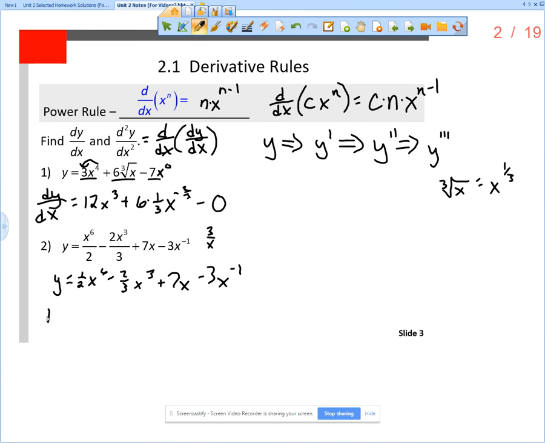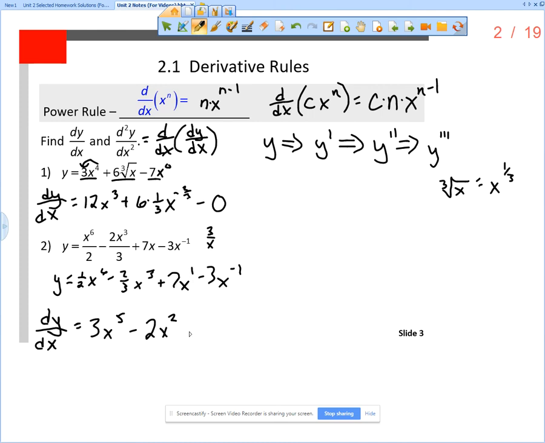Now I'm going to take the derivative, so dy dx. Half of x to the 6th: I'm going to bring the 6 in front, so half of 6 is 3x to the 5th. Minus, now I have 2/3. 2/3 times 3 is just 2x squared. Then 7x, remember, this is like 7x to the first.